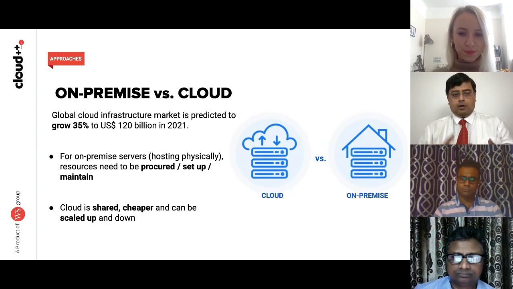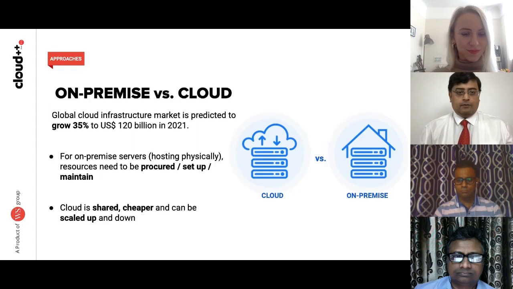For example, the firewalls, for example, streaming services, and there are many different kinds of services which can be on top of that. If we need to implement all these things together, it's an even bigger investment. But here we already have an environment which is ready, and we just need to hop on that. And it's all shared. So overall, definitely with cloud infrastructure, the costs are much less.